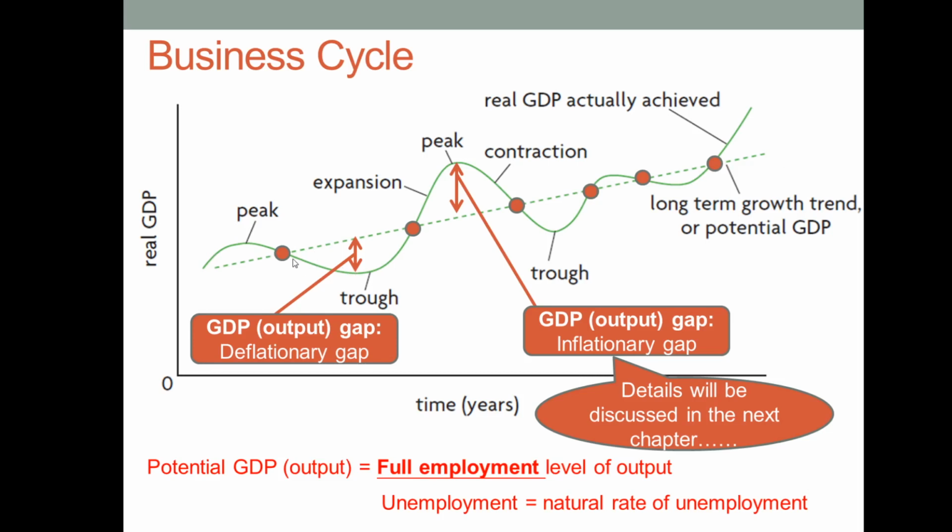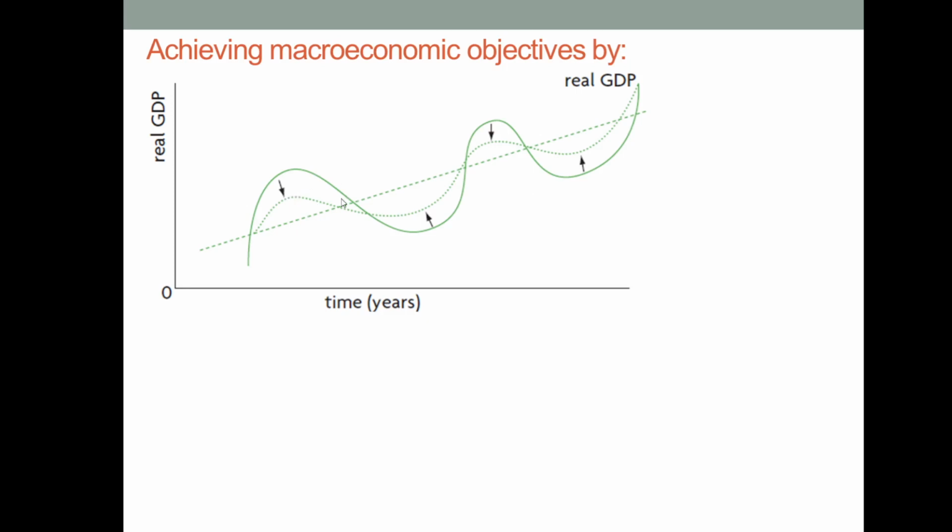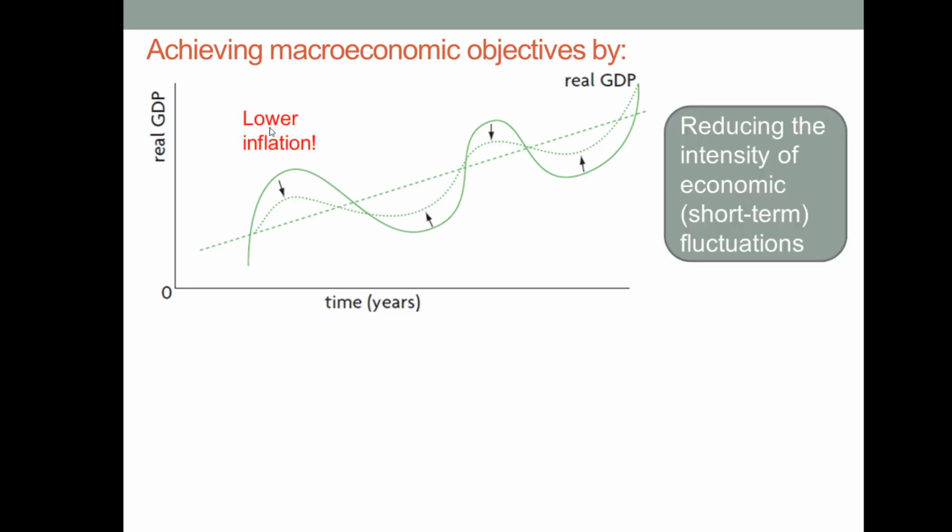When you have a fluctuation like this, when you have the deflationary gap and the inflationary gap along the way, so we are trying to reduce the fluctuation. If we are able to reduce the inflationary gap, of course, lower inflation. And if we are able to reduce the deflationary gap, lower unemployment.